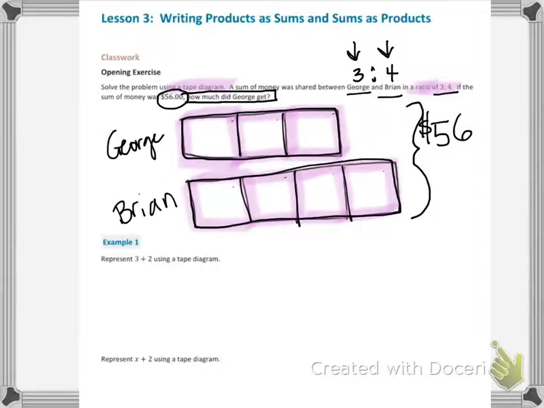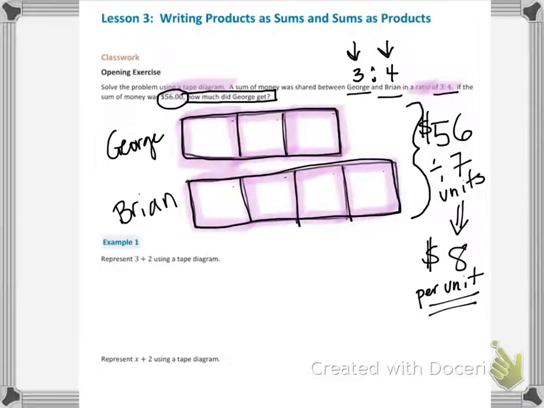If they're all the same, we can very simply divide 56 by 7, because there are 7 units. Therefore each unit is going to be worth $8 per unit. And that, my friends, is all we need.